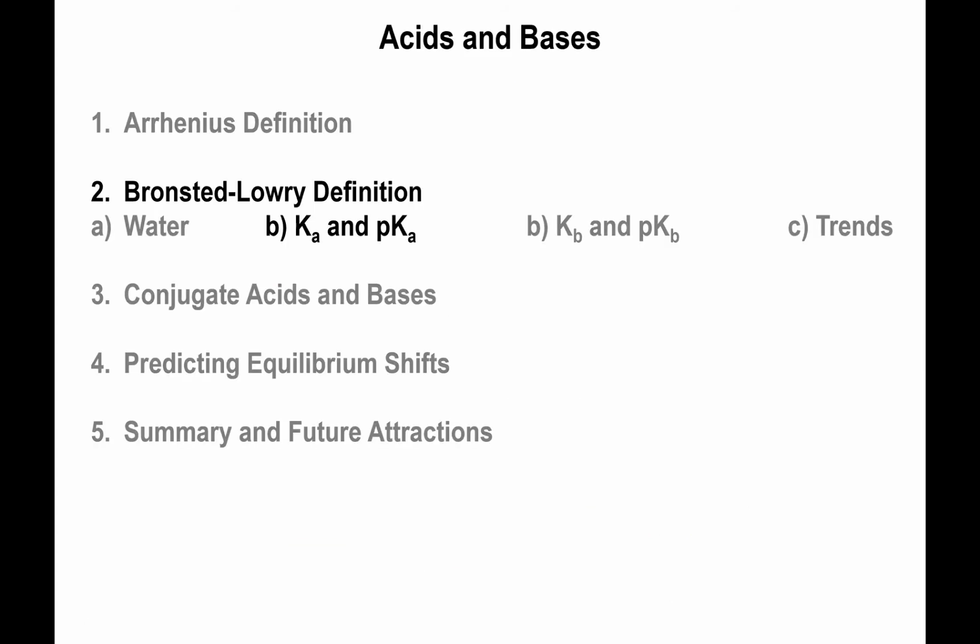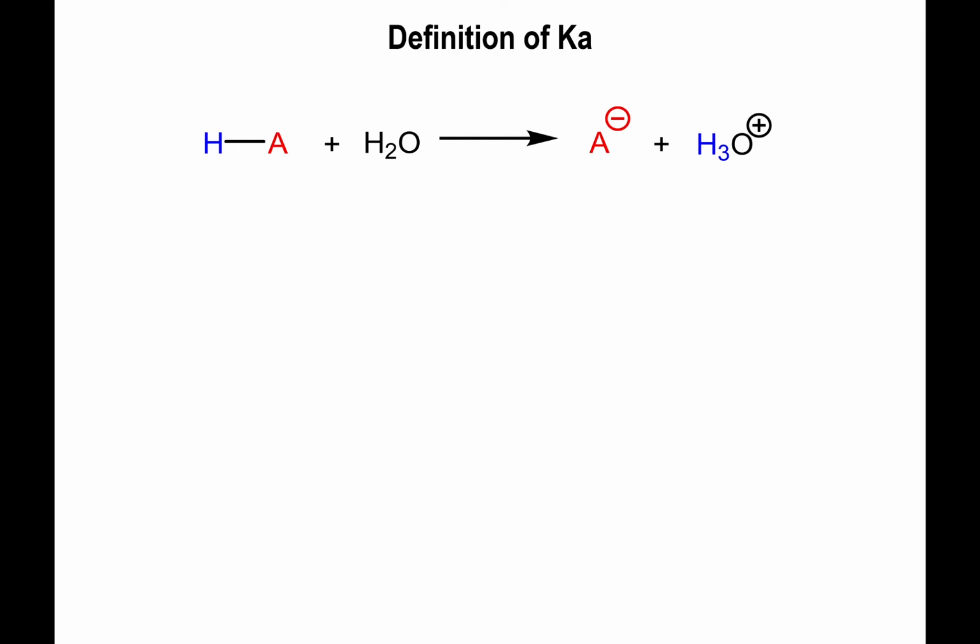Okay, so let's take a look at the Ka expression. Now, this is a very specific equilibrium expression, one that involves an acid reacting with water. And the idea that you have to keep in mind is that the acid is going to give away an H+, and the substance that it reacts with will have to be a base, right? So if HA is an acid, water has no choice but to be a base.